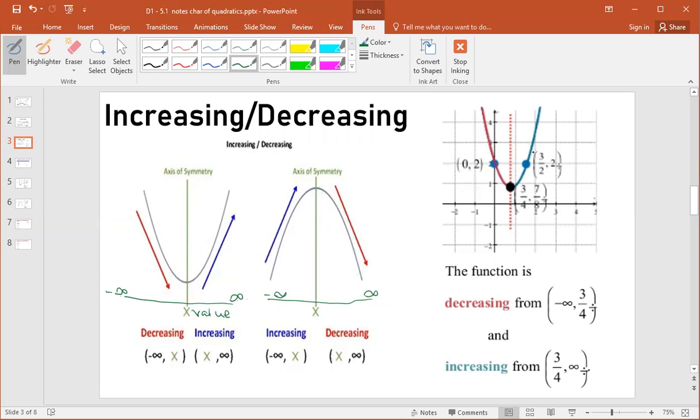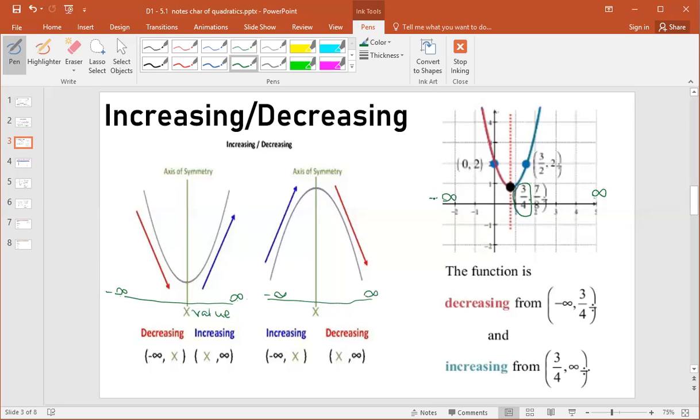Okay, so here's an example. When I look at this graph, the left side of it is decreasing. We did decreasing in red, so decreasing is in red. So if this is negative infinity and this is positive infinity, then this section in red goes from negative infinity all the way to 3/4, because that is my x value there.